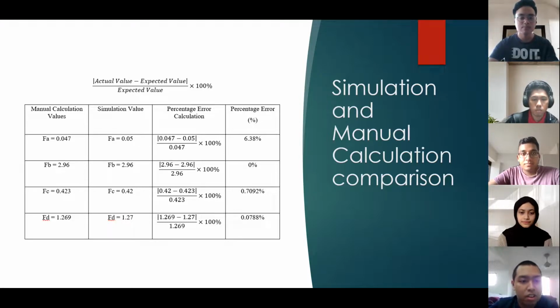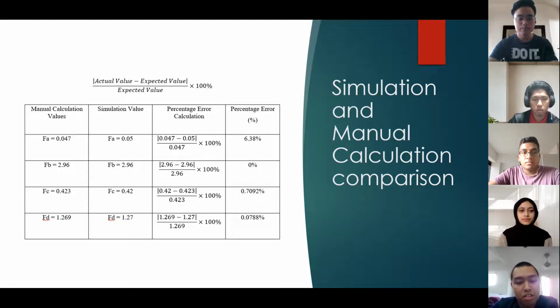According to the table here, we have the manual calculation values on the left side and the simulation values right beside it. We use the formula: actual value minus expected value, over the expected value, where the actual value is the simulation value and the expected value is the manual calculation value. And then after that, we would get the percentage error of each component.